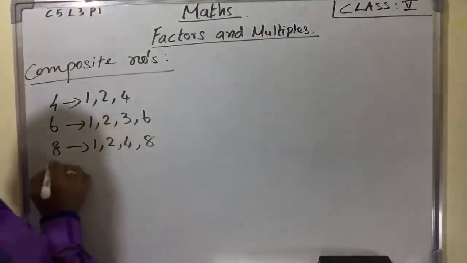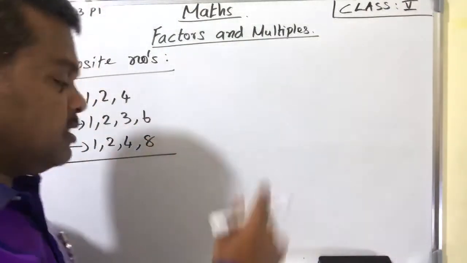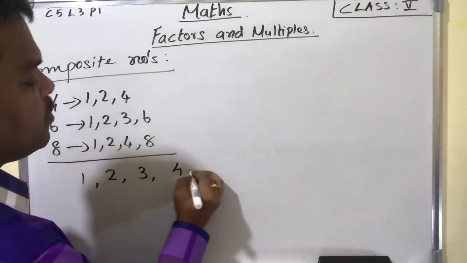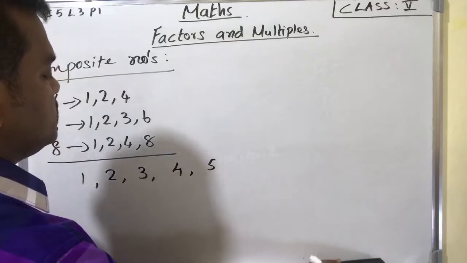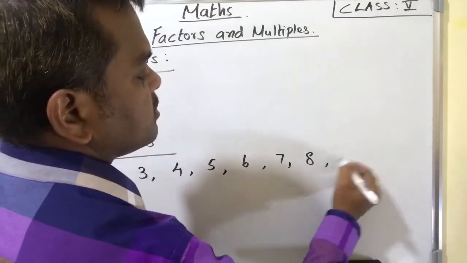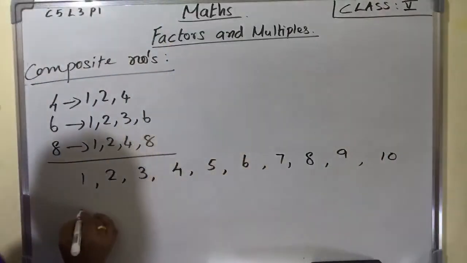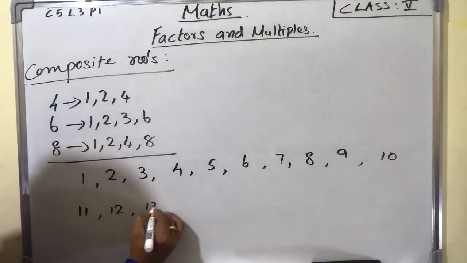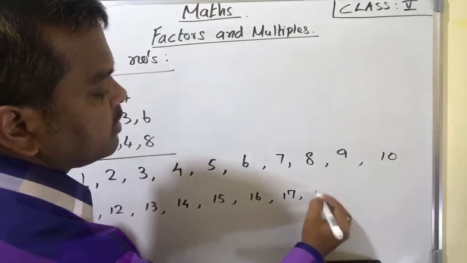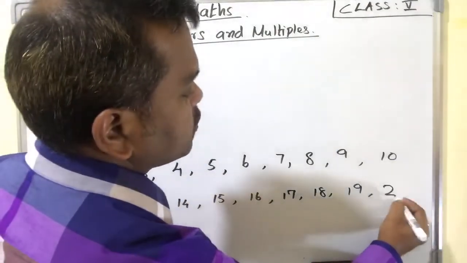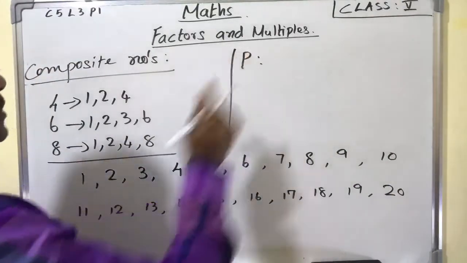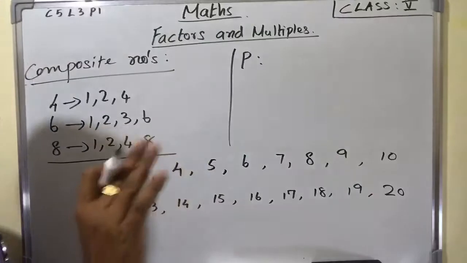When you are watching this video, you can say easily: 1, 2, 3, 4, 5, 6, 7, 8, 9, 10, 11, 12, 13, 14, 15, 16, 17, 18, 19, 20. Now, first, prime numbers. From 1 to 20, what are the prime numbers?